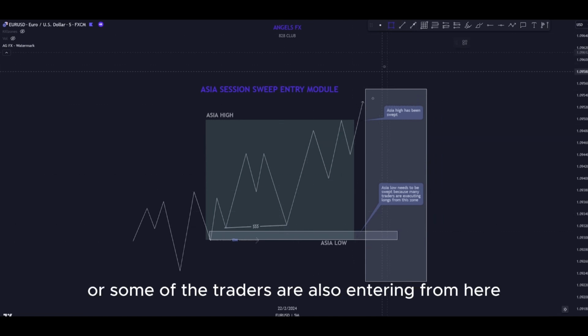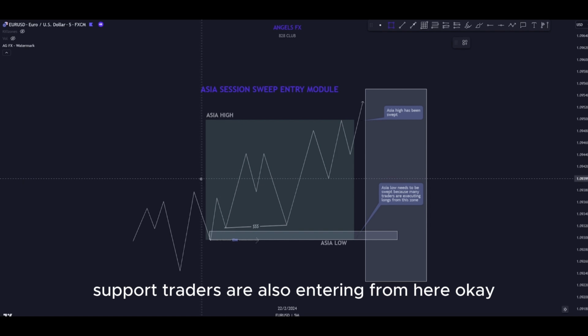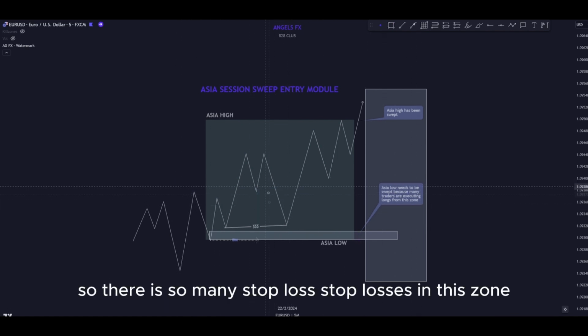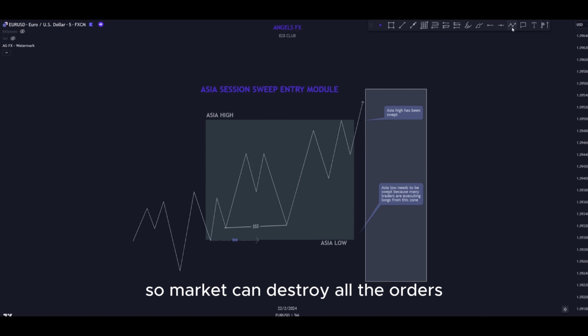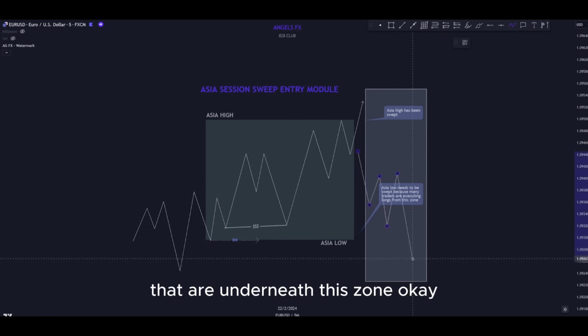Some of the traders, support traders, are also entering from here. So there are so many stop losses in this zone, and that's why it needs to be swept, so the market can destroy all the orders that are underneath this zone.